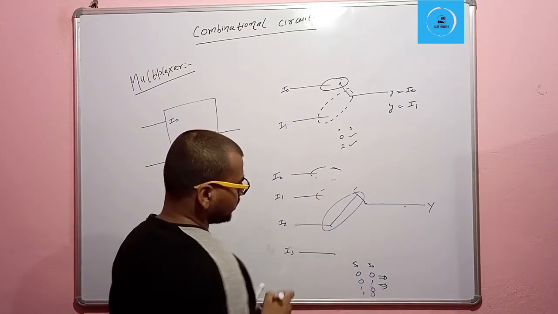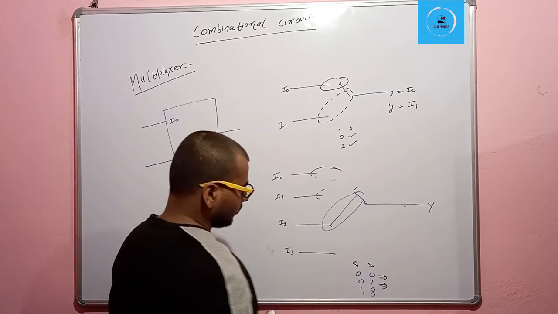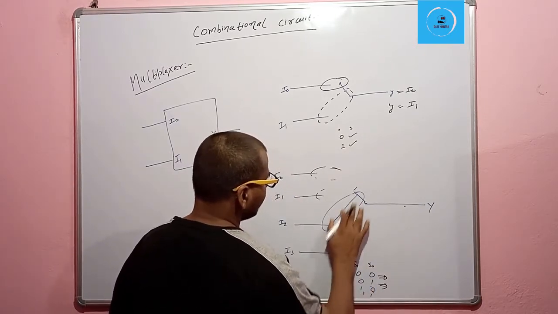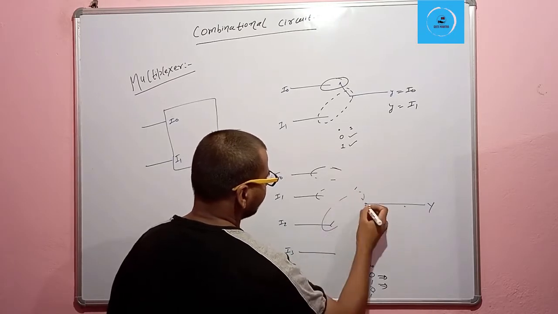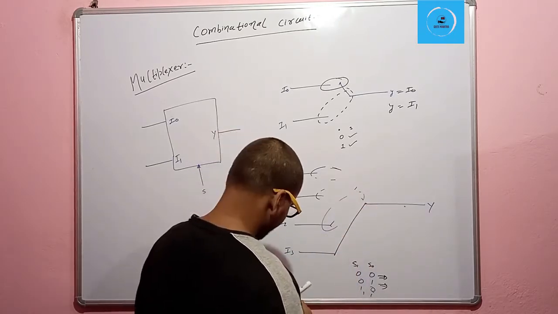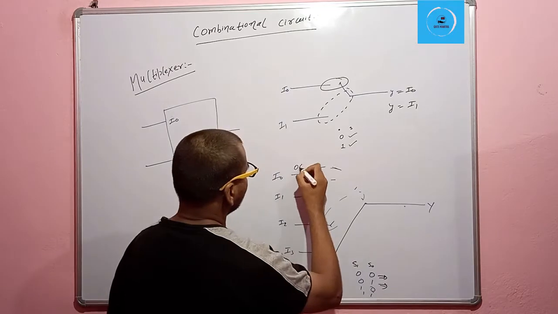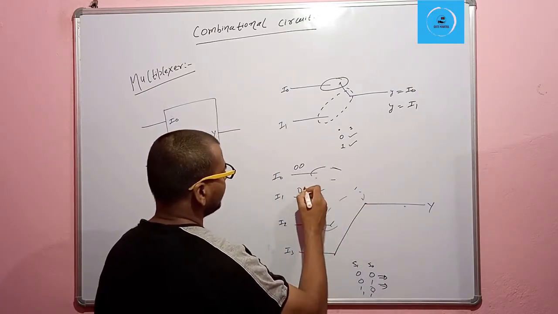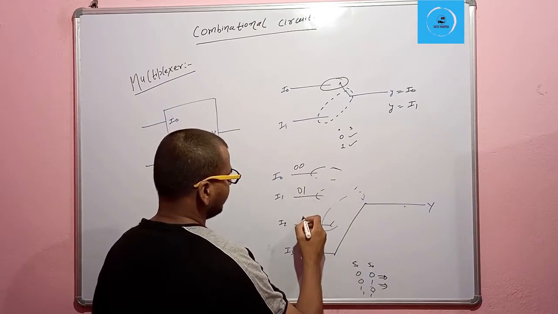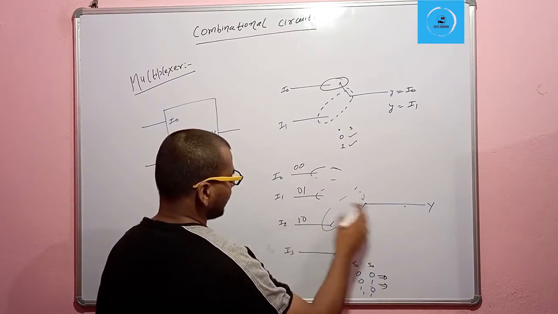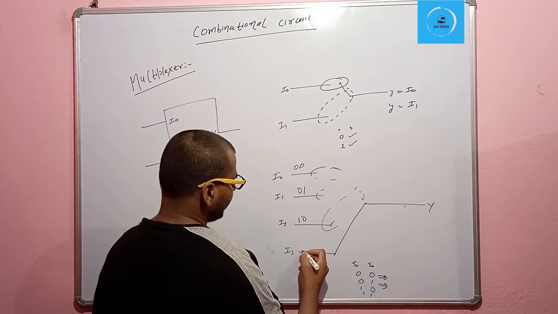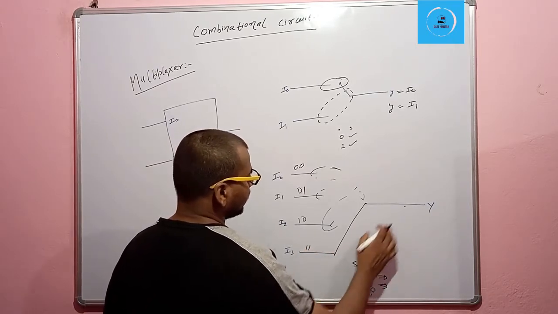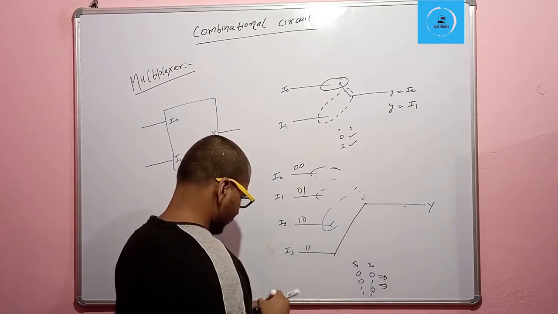When we press 11, then I3 will be connected to the output. So for 00, I0 goes to the output; for 01, I1 goes to the output; for 10, I2 goes to the output; and for 11, I3 goes to the output.